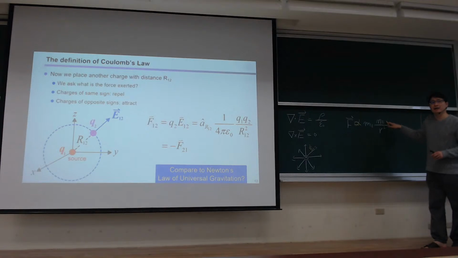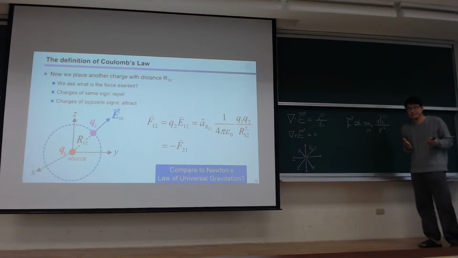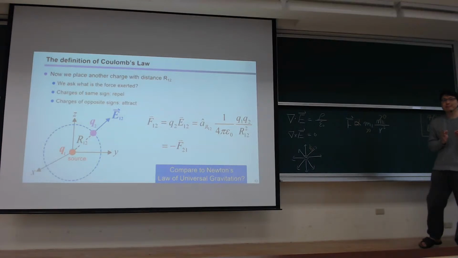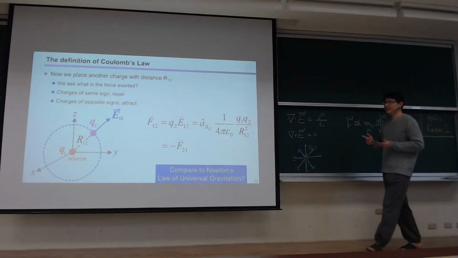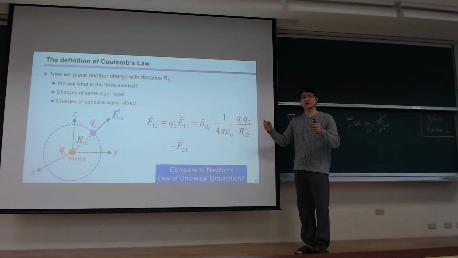Well, in our daily lives, masses are always positive, right? So think about it. The dramatic difference between the two laws comes in the fact that charges are allowed easily to have different signs, positive charge or negative charge.